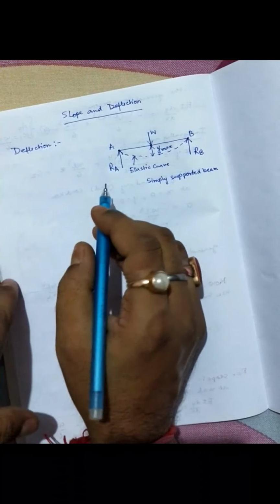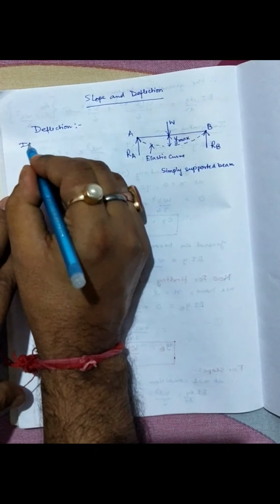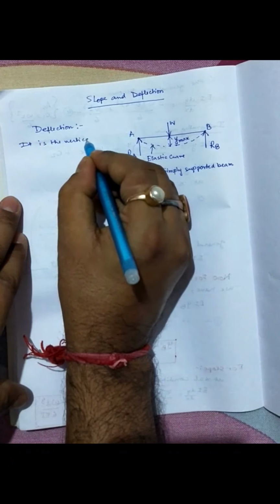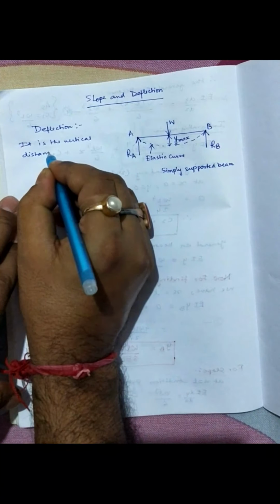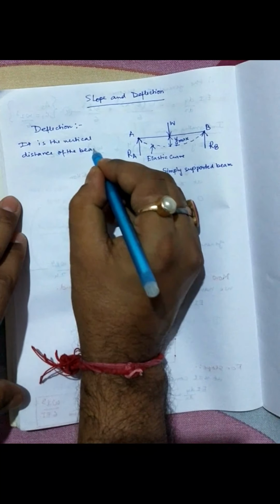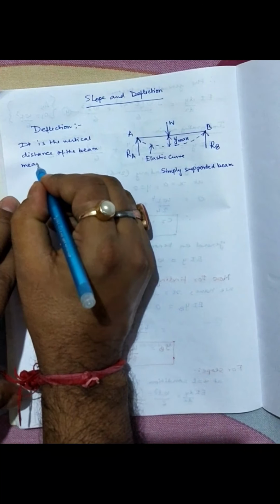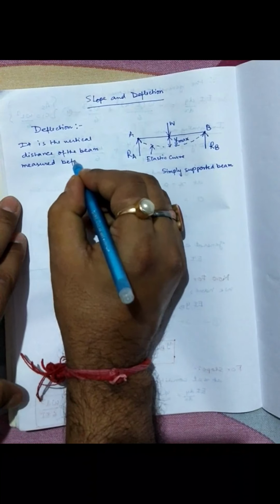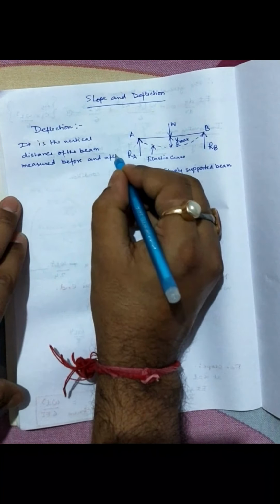So let us write down the definition of deflection. Deflection is the vertical distance of the beam measured before and after loading.